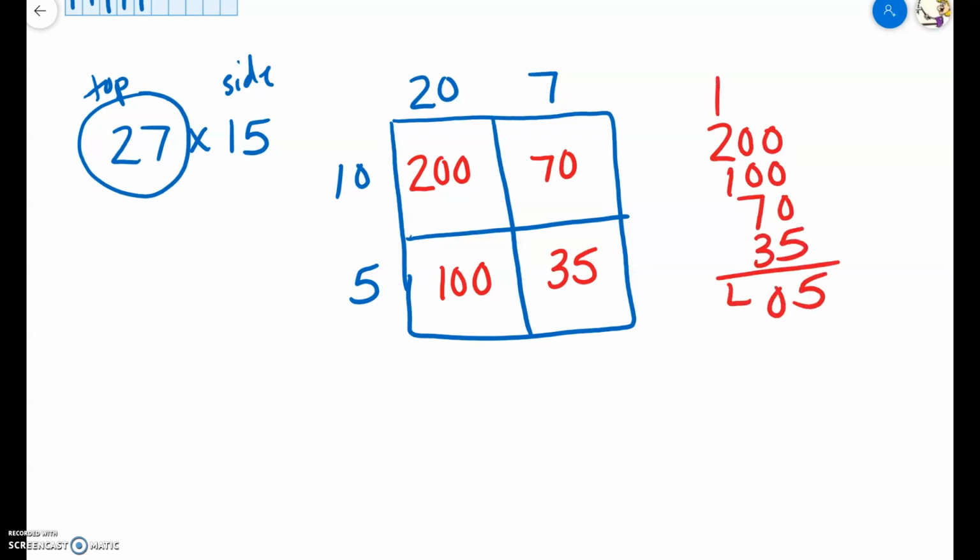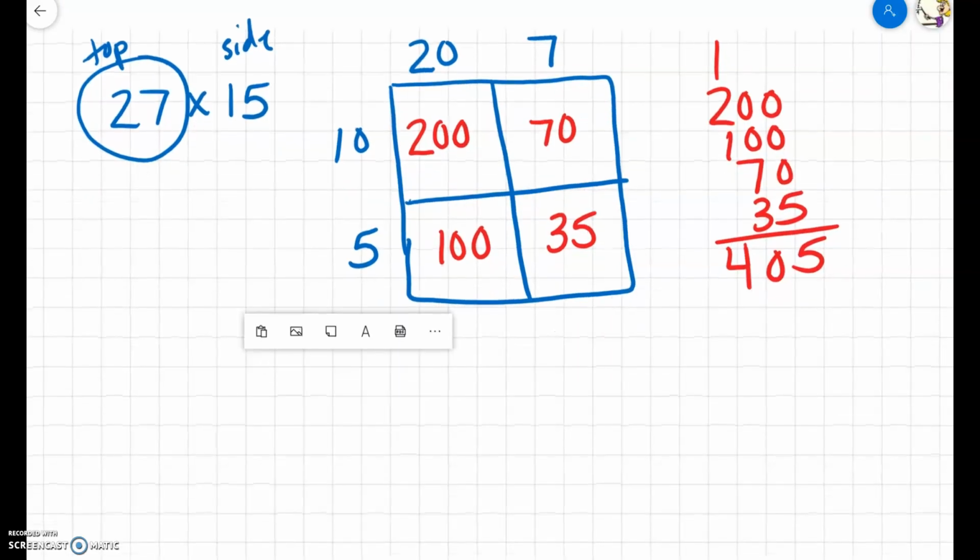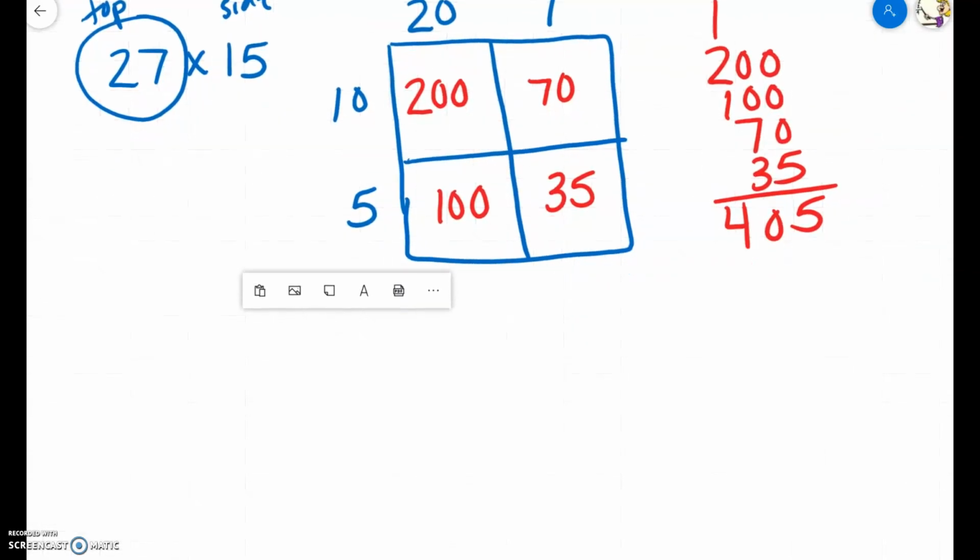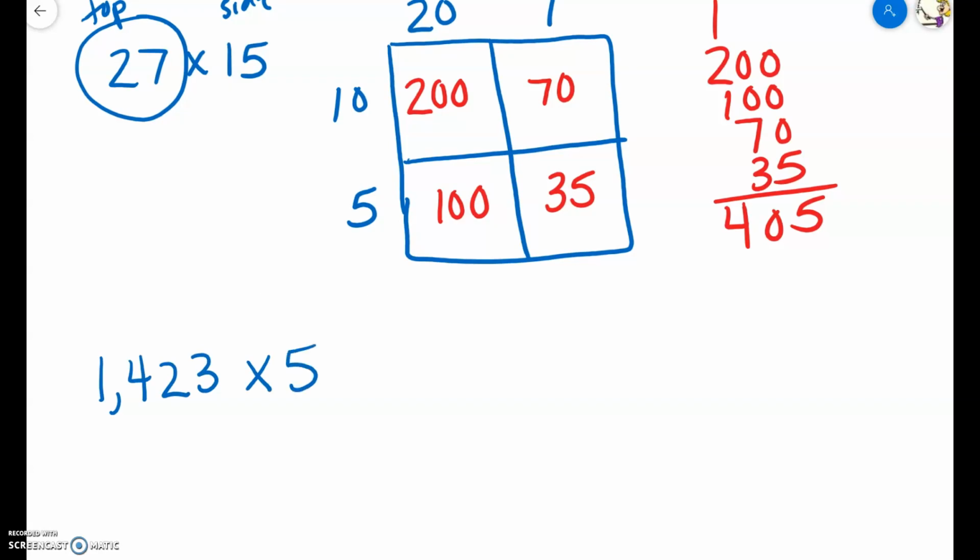So I get 405. The other type of multiplication is partial products. Some of you do the standard algorithm for this one, but that is where you have a multi-digit number. I'll just make it easy for simpler sakes and multiply by 5. And you're going to break it up into partial products. If you want to pause the video and try this one before hearing my answer, you can, but I am going to go ahead and do that.